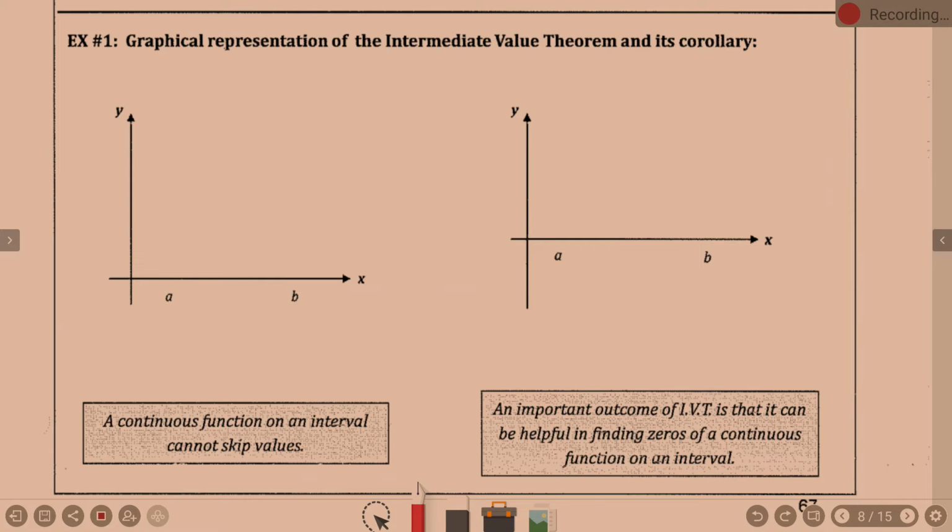It just says graphical representation. The boxes down the bottom: a continuous function on an interval cannot skip values. An important outcome of IVT is that it can be helpful in finding zeros of a continuous function on an interval. So I'll show that one there.